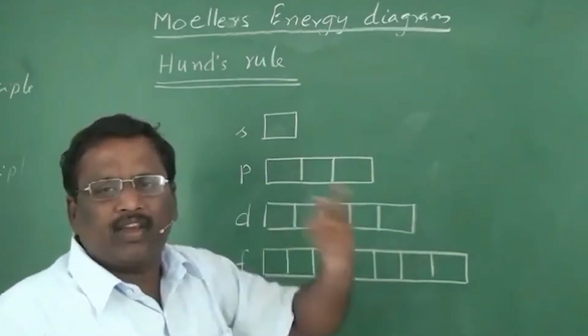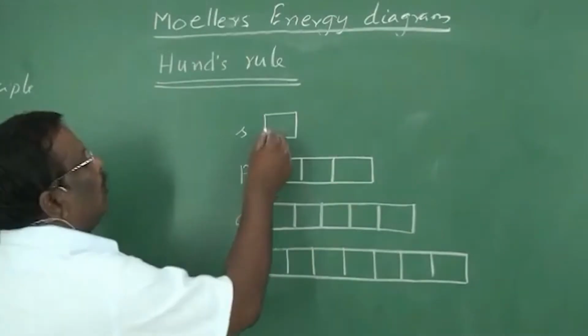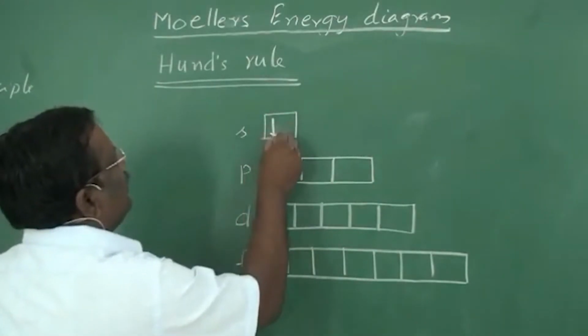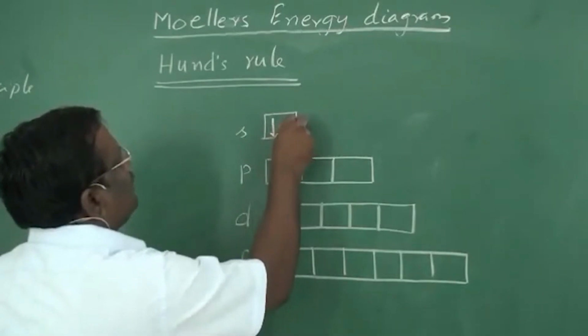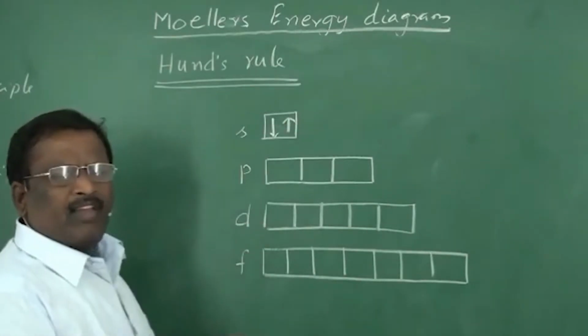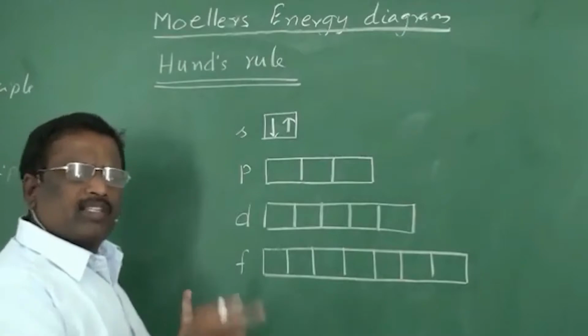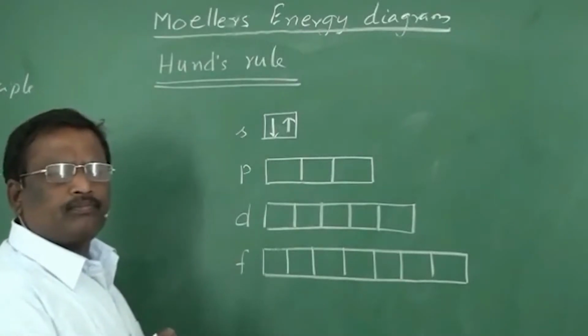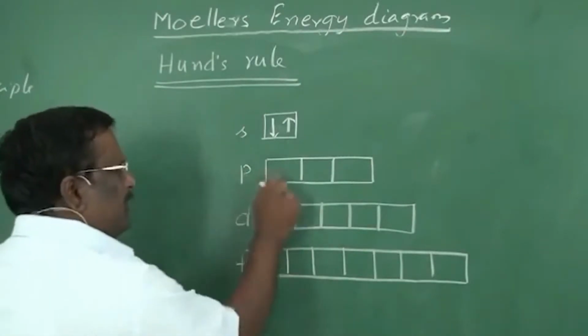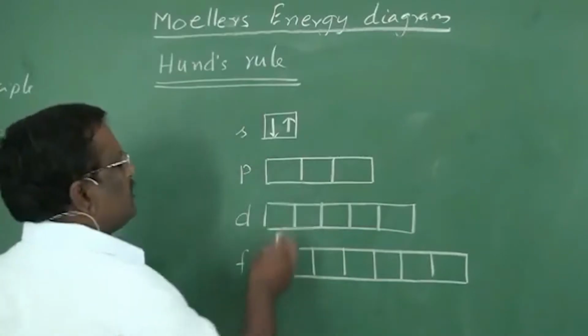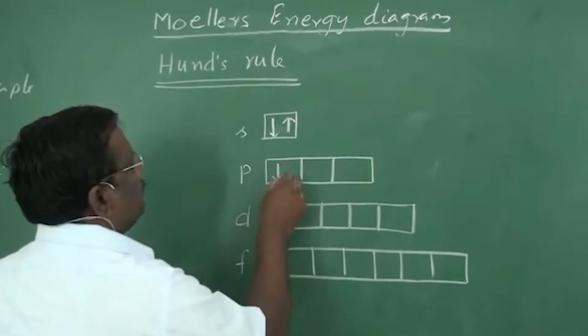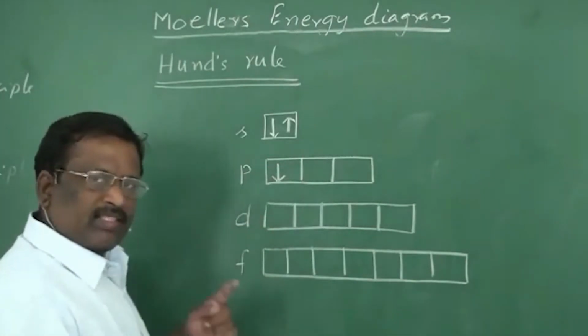For example, in the s subenergy level you have only 1 orbital, so the first electron will enter here and the second electron will enter like this. That means pairing occurs with the second electron itself. But in the case of the p subenergy level, the first electron will enter here, then the second electron.